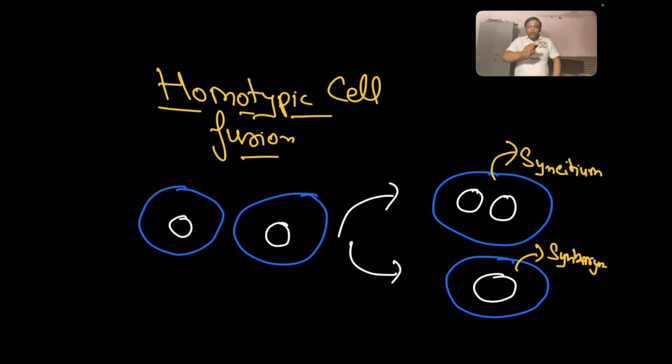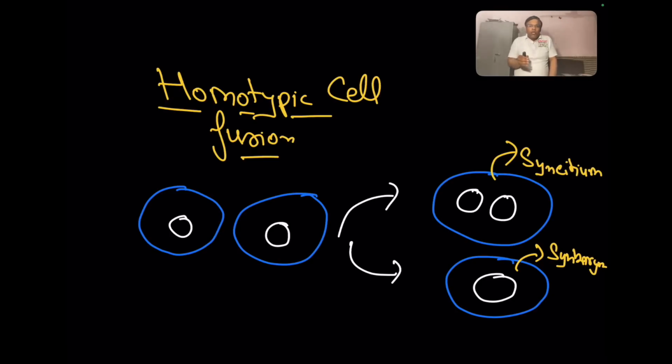So here if you see there can be two conditions. One, after the cell fusion the nucleus may also fuse. So when you see both fusion of the cell as well as fusion of the nucleus, then in this situation you are going to see the formation of a synkaryon. Hopefully you know what is karyon.